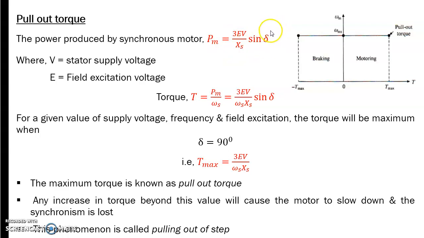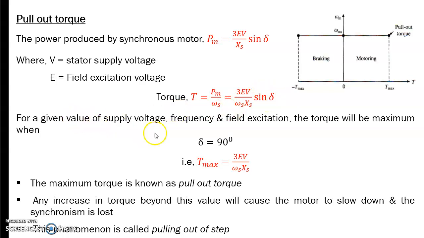This delta is the load angle. And what is this V? V is the stator supply voltage and E is the field excitation voltage. So the torque can be written as this mechanical power divided by omega s, synchronous speed, that is 3 EV by omega s Xs sin delta.